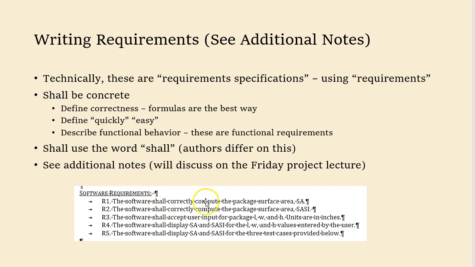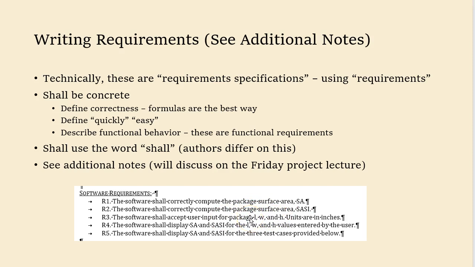The software shall correctly compute the package software surface area SA. Now how can I get away with that in a requirement? Because I have defined SA using a formula prior to this. The software shall correctly compute the package surface area SASI. Once again, formula. I'm defining L, W, and H. That doesn't mean those are the variable names.